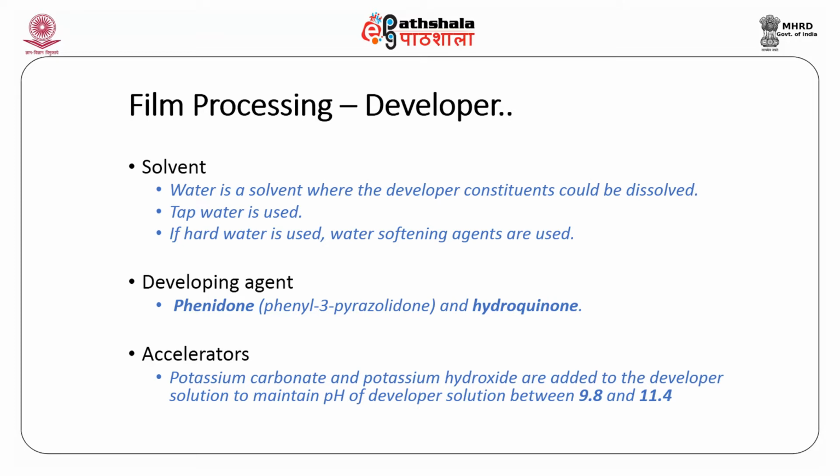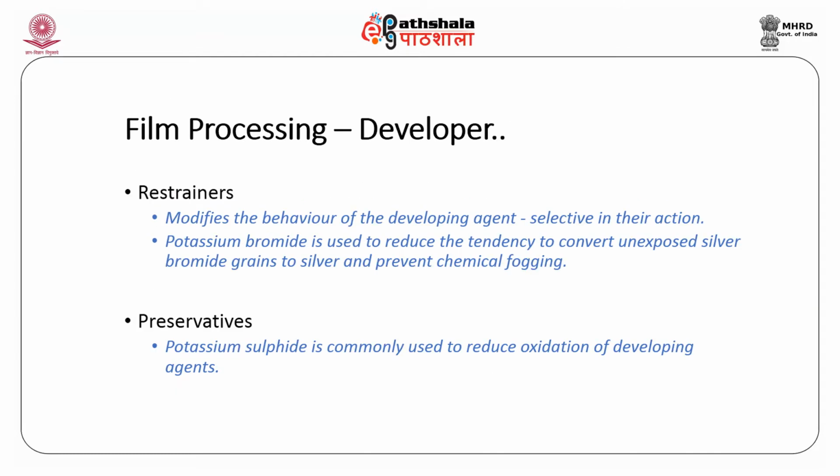Then we have other additives such as accelerators. Potassium carbonate and potassium hydroxide are added to the developer solution to maintain the pH. So, the pH should be within 9.8 and 11.4. More than that, we use restrainers. It modifies the behavior of the developing agent and is selective in its action.